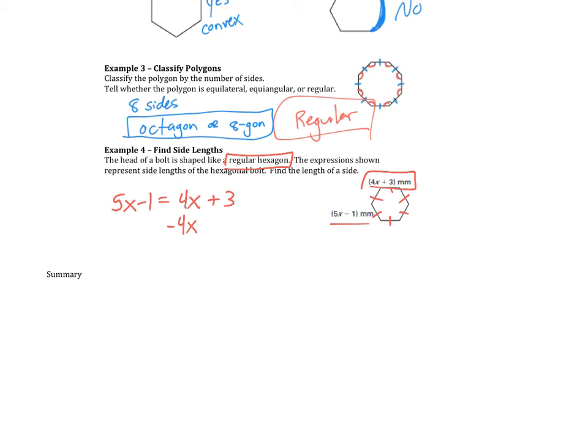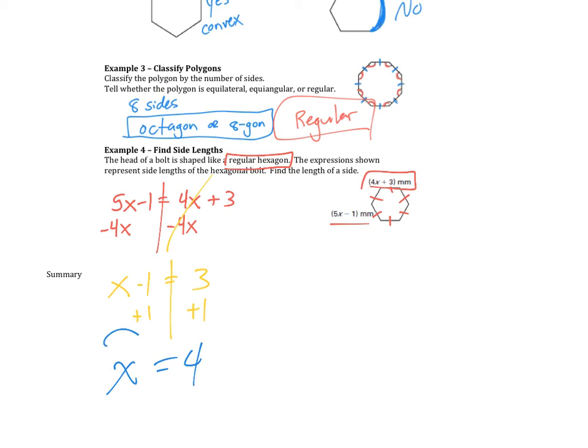I'm going to subtract the 4x. We got to cancel the 4x out because it's on the opposite side of the 5x. So we get x minus 1 equals 3. Now we got to cancel out the minus 1, so you add 1. And you end up with x equals 4.